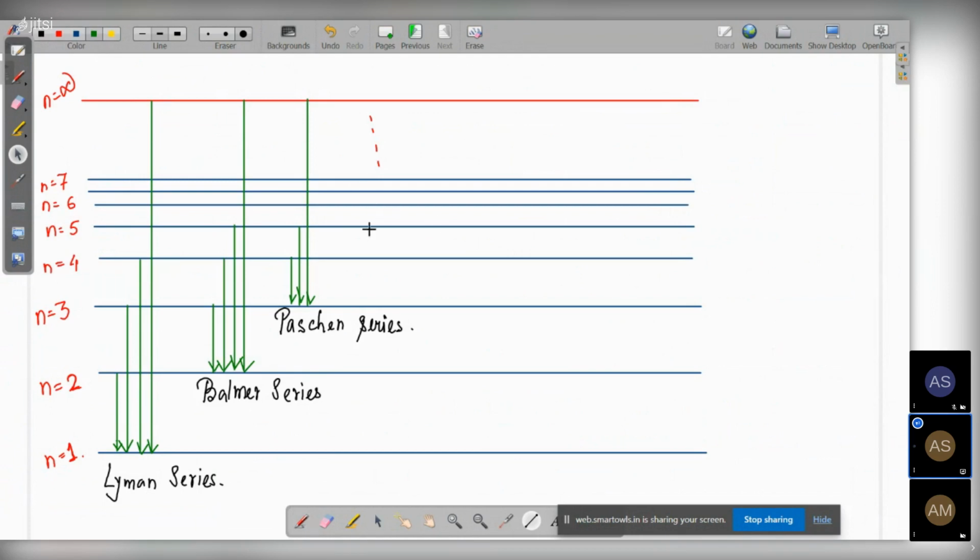If the electron comes from anywhere to n equal to 4, from any other energy level, then it is called the Brackett series.